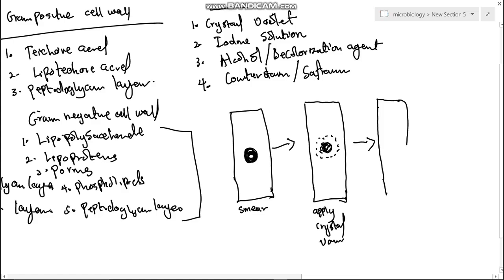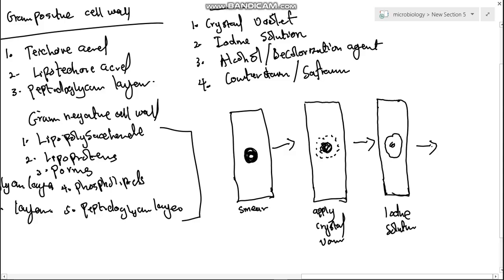After that we pour our iodine solution, and then we are going to wash.